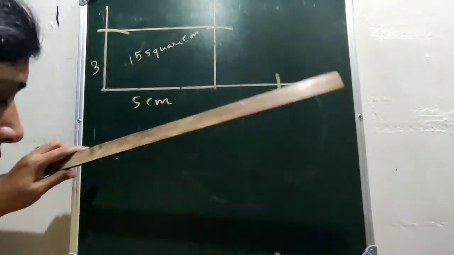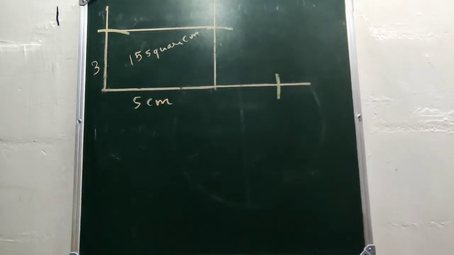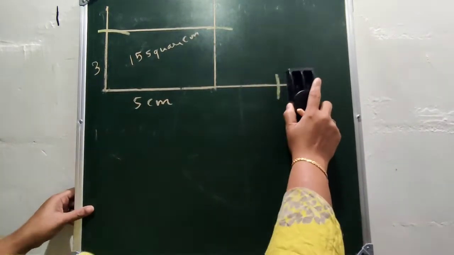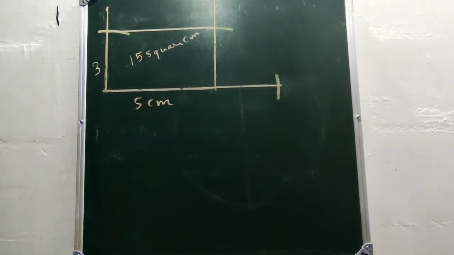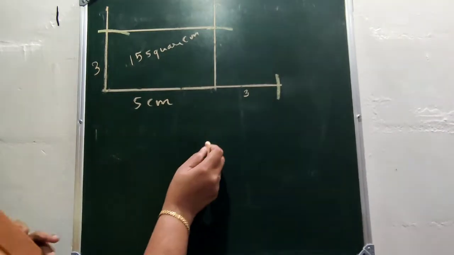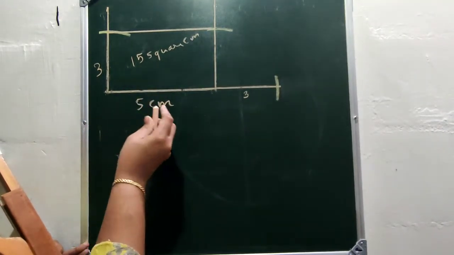So this is the line, or the diameter, of the semicircle. Now we are going to draw a semicircle using this line as diameter.